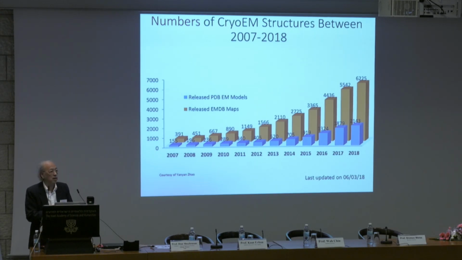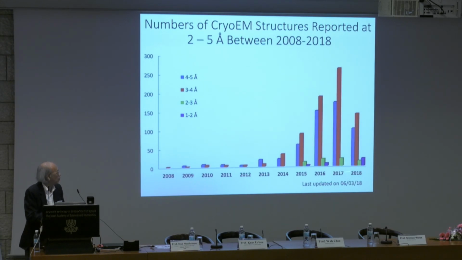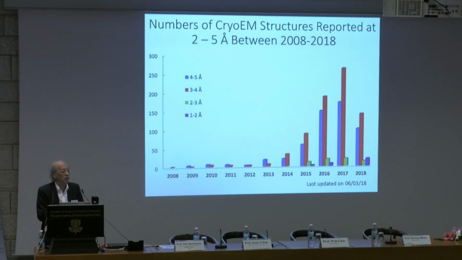In the last few years, cryo-EM has been picked up as one of the most exciting biochemical and biophysical methods, because there are lots of structures done at resolutions between 2 and 5 angstrom. At these resolutions, lots of biochemists are excited because many important biochemical questions can be answered.